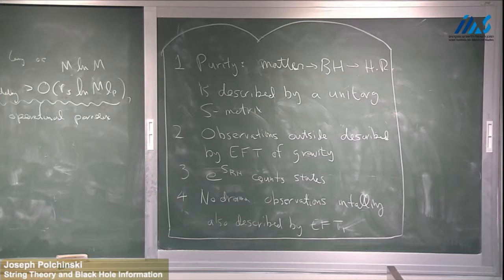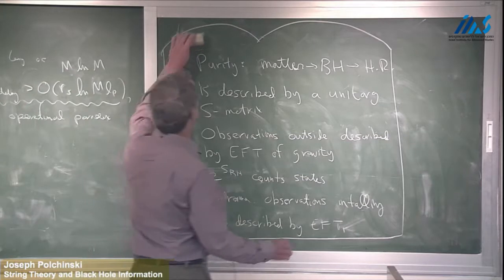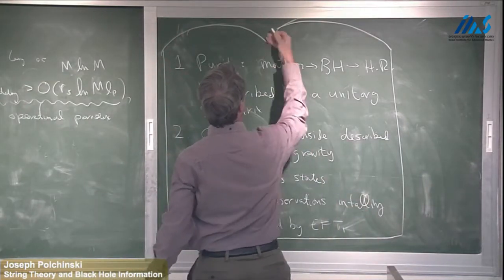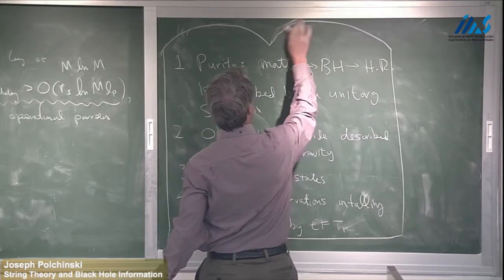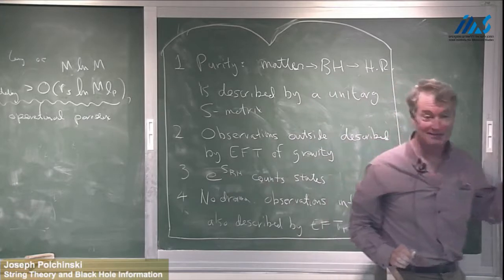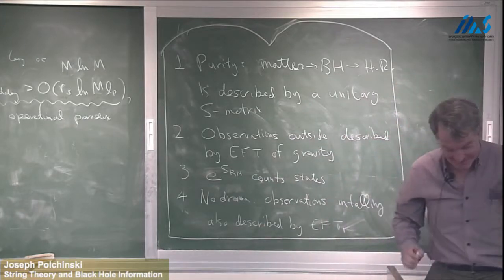Anyway, so was there a question? Sorry, I was asking whether unitary S matrix means unitary evolution throughout. S matrix means the relation between the initial state and the final state. So it doesn't speak to what's happening in the middle. Okay. I hope this isn't offensive. No. Okay.